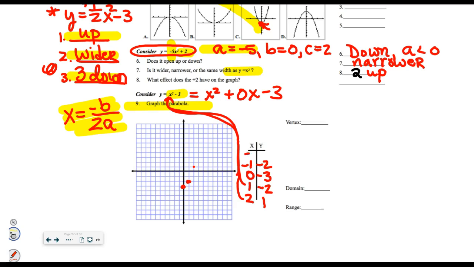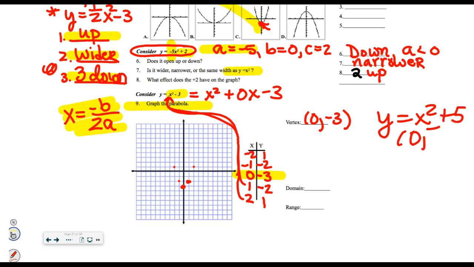When I put in a -2, I'll get the same thing as with a +2. So there's symmetry about that vertex. Where was the vertex? Because there was no b term, it's at 0, comma, the c term. Had that been y equals x squared plus 5, it's at 0, comma, 5.